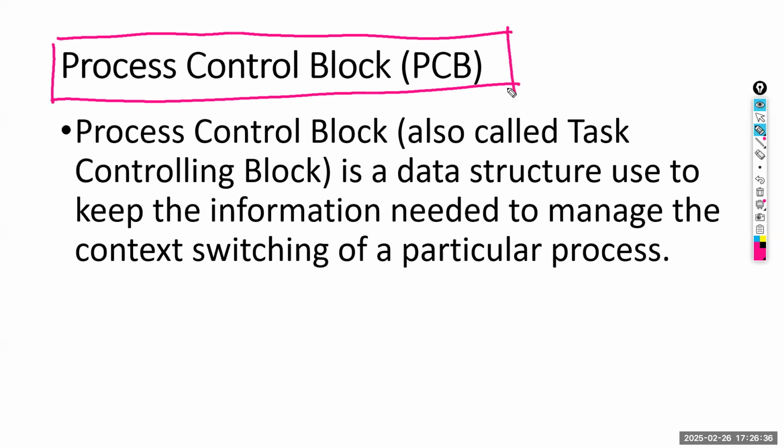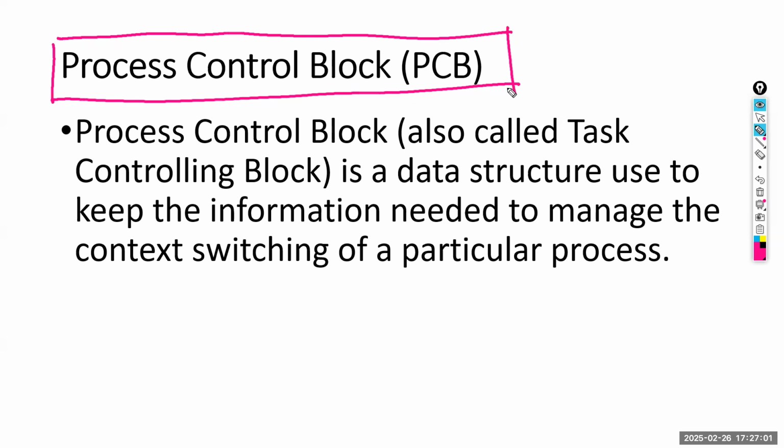The FCB is a data structure managed by the operating system to keep a summary of each and every file. For each file, there's a file control block. It has the file name, file size, file extension, security related things, access related things like file owner and so on.